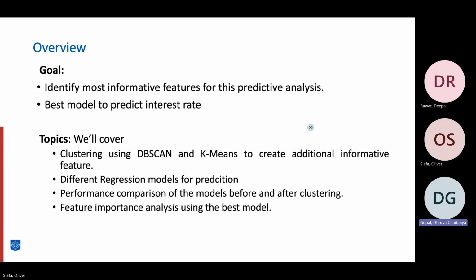In our topics, we covered clustering using DBSCAN and K-means to give informative features, and we used five different regression models for prediction analysis. Then we compared the performance of these models before and after clustering, and then we used feature importance analysis for the best model that we selected among the five models that we have used.